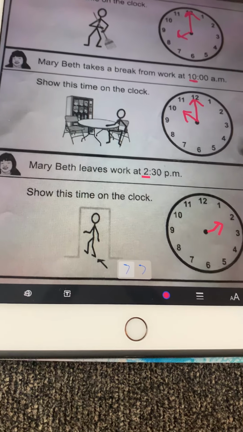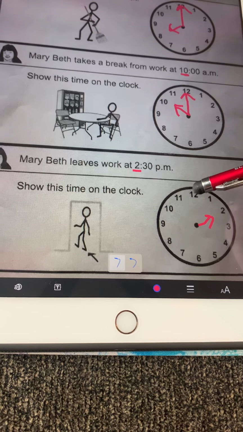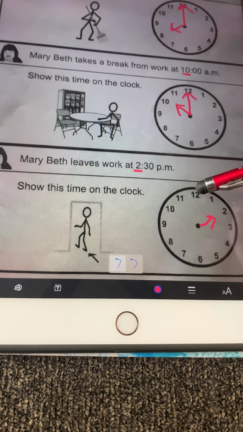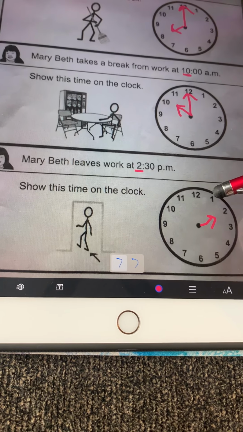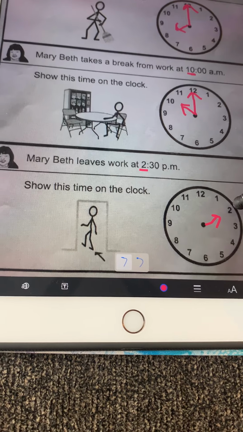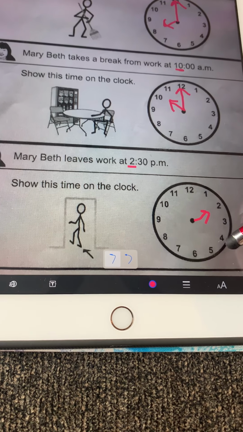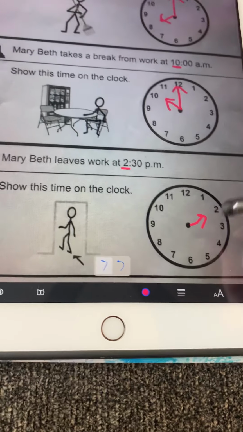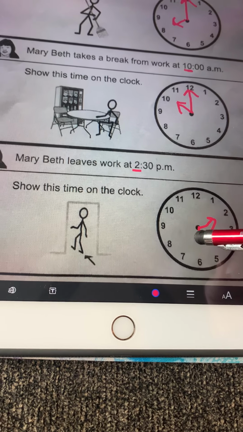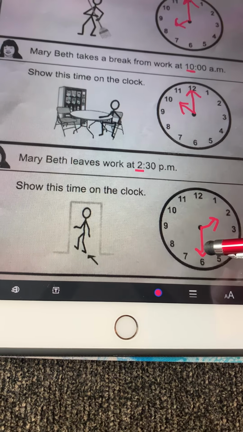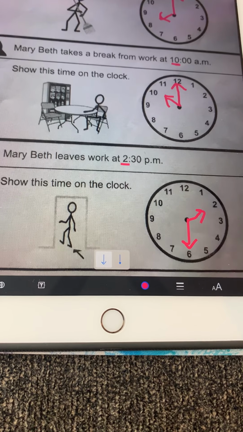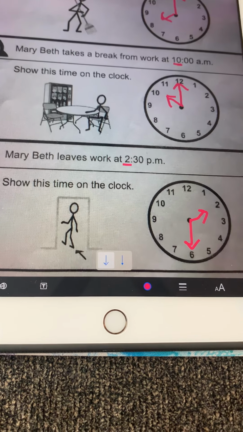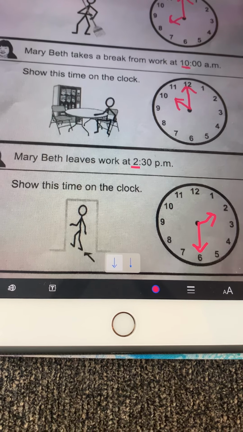So what we have to do is we have to come around to this clock. We know that this is 0, and the clock goes by 5s. So 1 is going to be 5, 10, 15, 20, 25, 30. So we're actually going to draw our big hand down to the 6. And that clock reads 2:30.